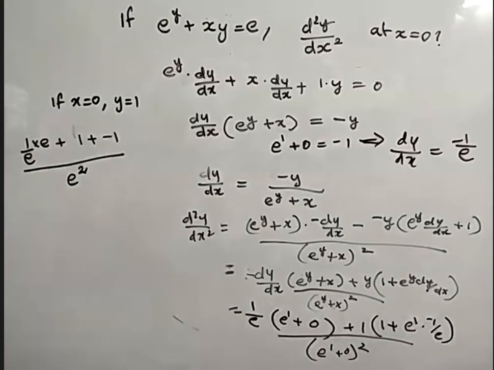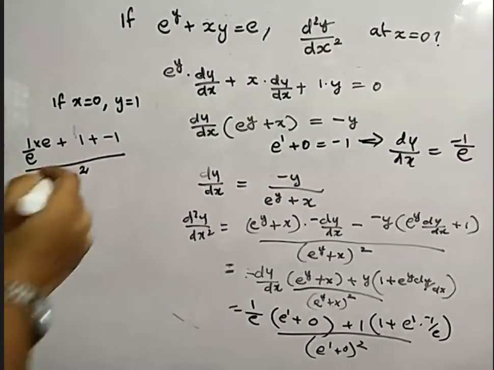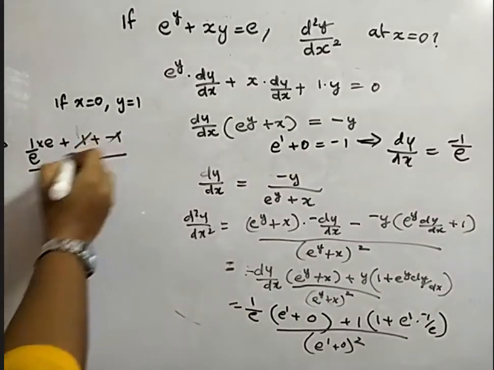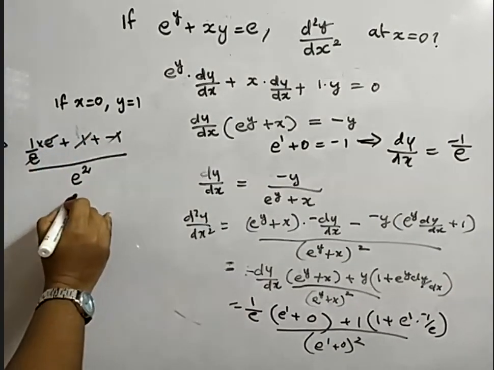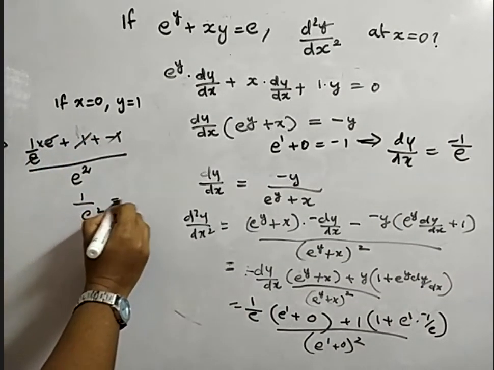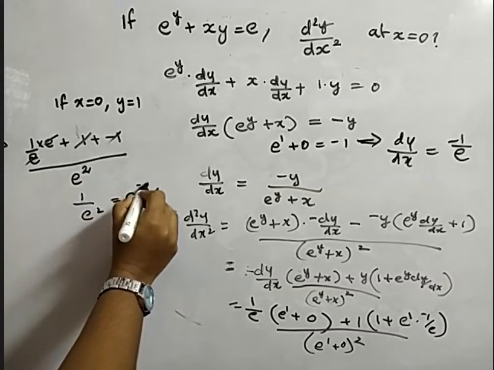So what you will get? This will go. So 1 by e square, that is e raised to minus 2.